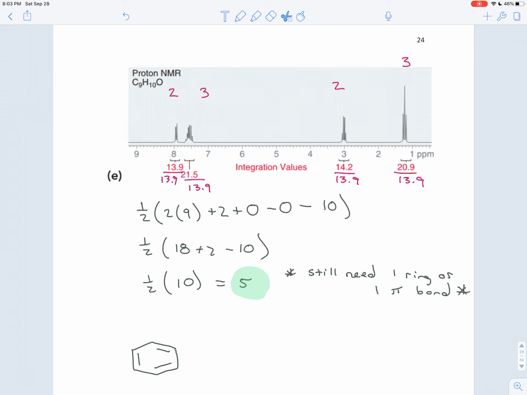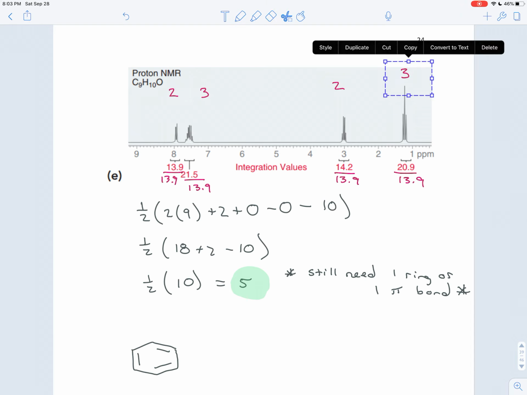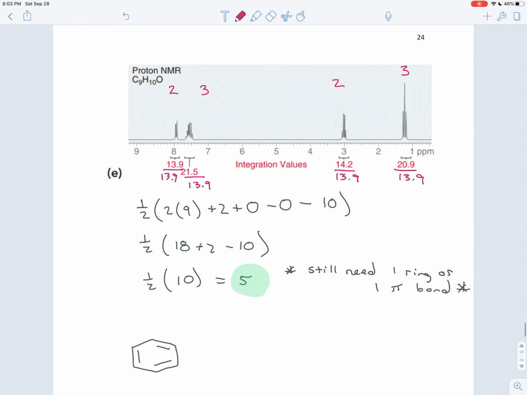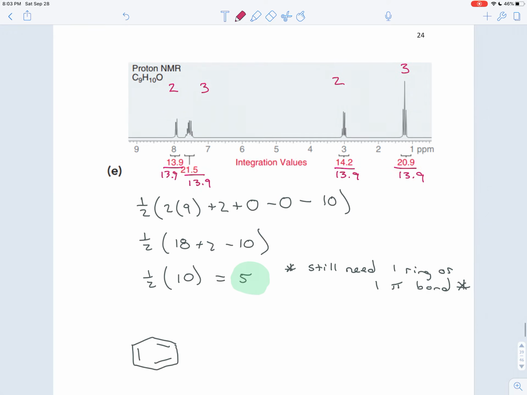So we multiply all those numbers we got at first by 2. So again, these could just be the relative numbers. Let's add them up and see what they give us. 2 plus 3 plus 2 plus 3 gives us 10 hydrogens total. We do have 10 hydrogens, so these numbers are not just the relative numbers, they are the absolute numbers of hydrogens in each of these electronic environments. Now both of these peaks here are coming from the benzene ring.